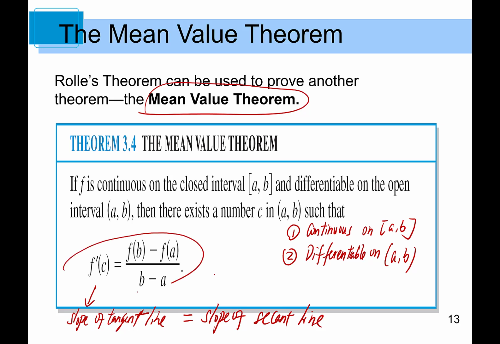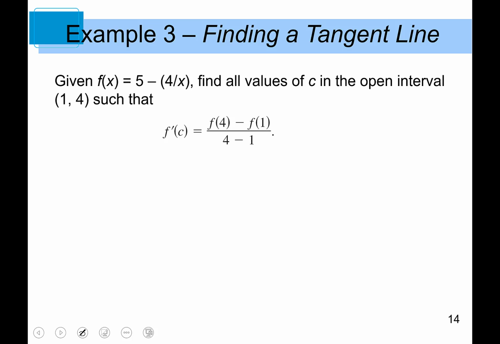And f prime of c equals f of b minus f of a over b minus a. Okay, let's use the mean value theorem to find a tangent line.